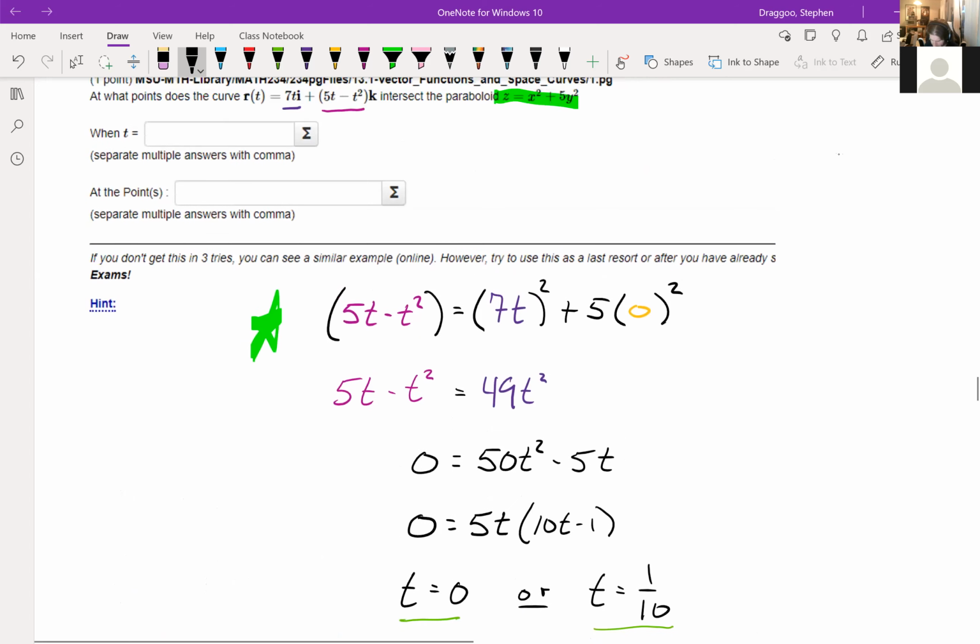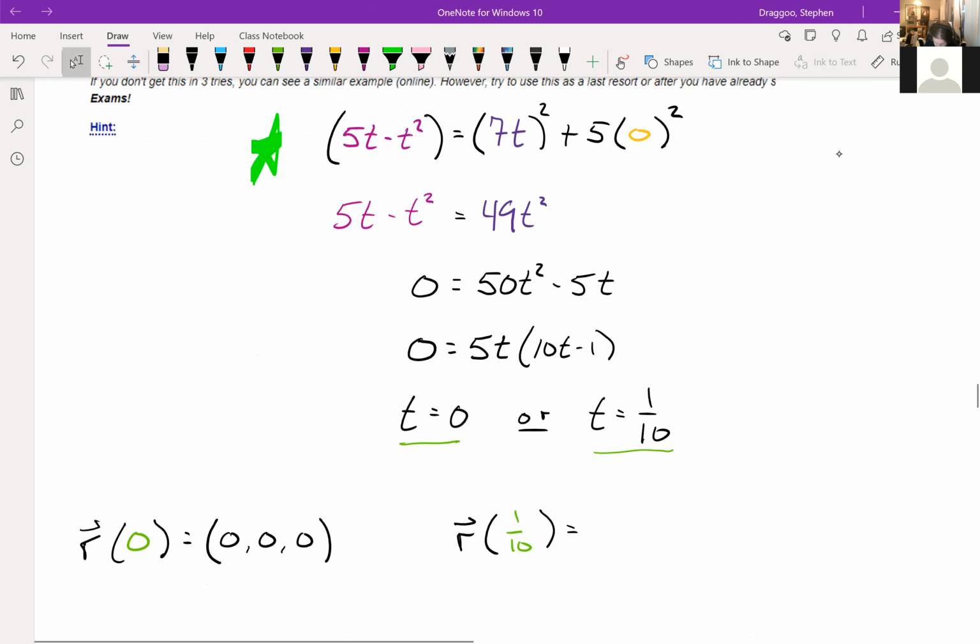If I come back up and check that equation, I'll write it down here again. r of t is equal to 7t, 0, and 5t minus t squared. Now we've got our equation where we can see it. Plugging in 0, I get 0, 0, 0 minus 0. Cool.